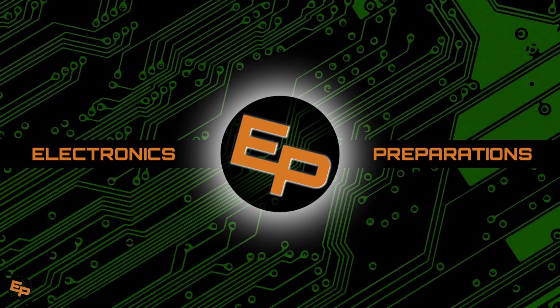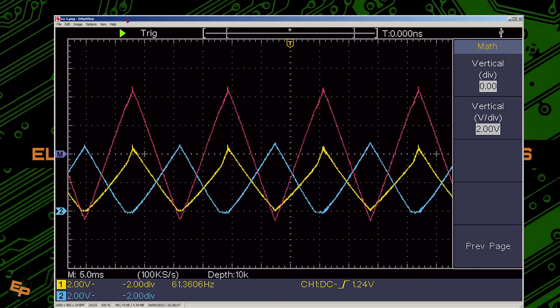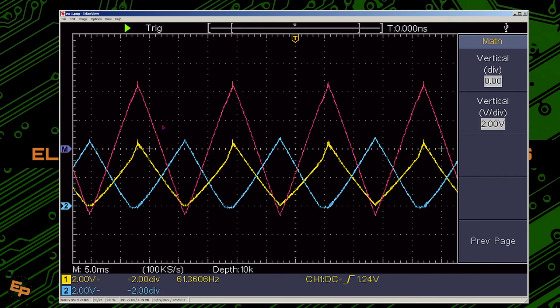And also I've done some extra tests with a triangle wave signal on the input, ranging from 1 volt upwards, peak voltage, and we see that the whole circuit works as expected.